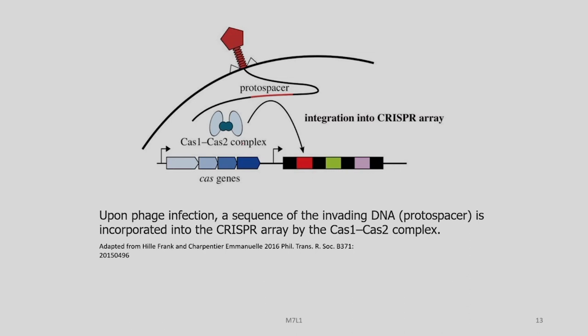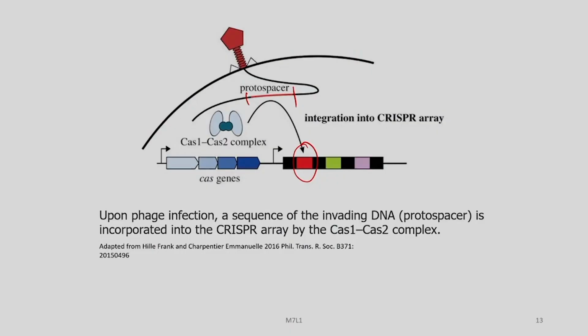This Cas1 Cas2 complex will go and cleave a selected portion of this viral DNA and insert it into the existing CRISPR array. So, with each infection, the length of this array keeps on increasing. So, this CRISPR array is also kind of a scoreboard or scorecard, where we can know how many times this particular bacterial strain has been infected by virus in the past.